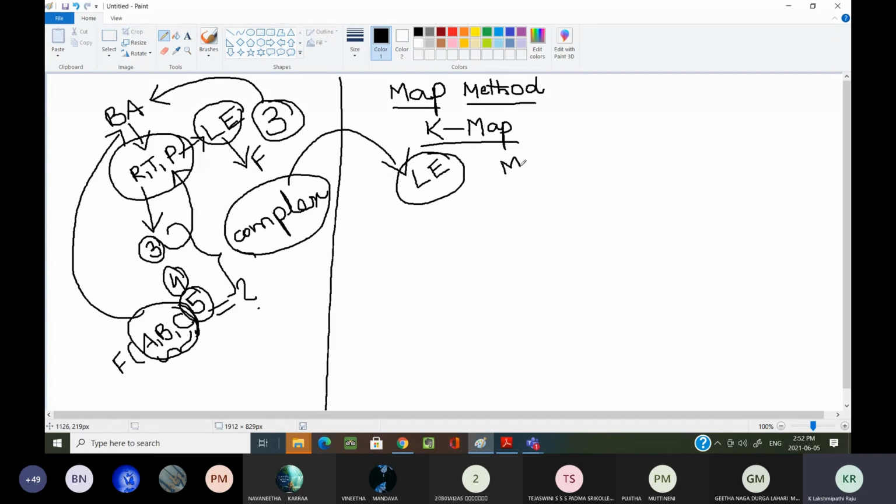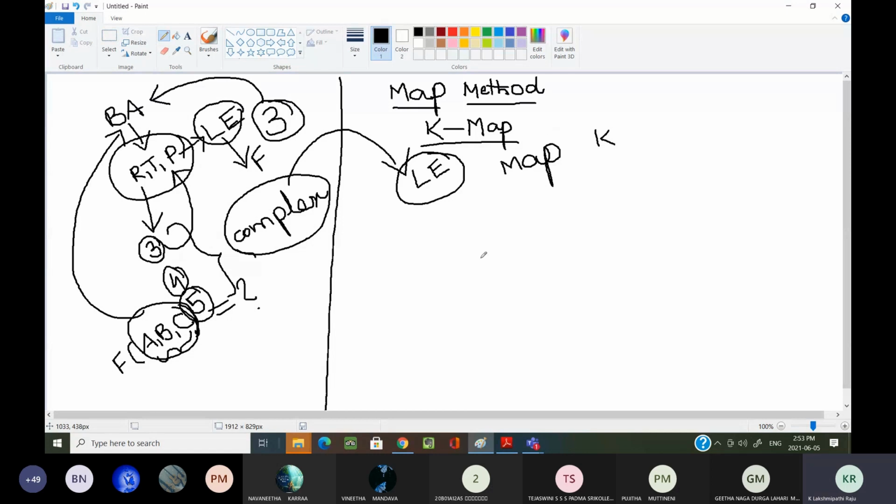We can call it map method simplification, or Karnaugh map, or in short K-map method simplification. Am I clear, everyone? Yes, sir.